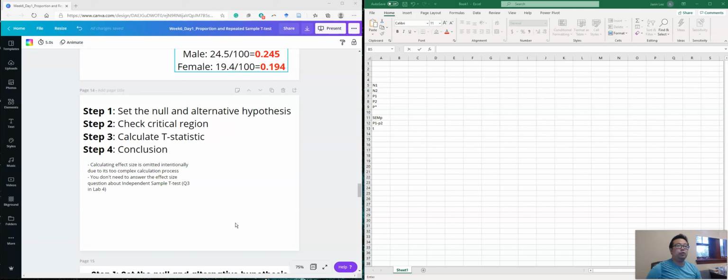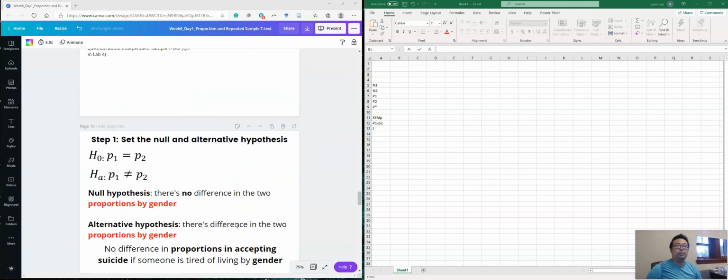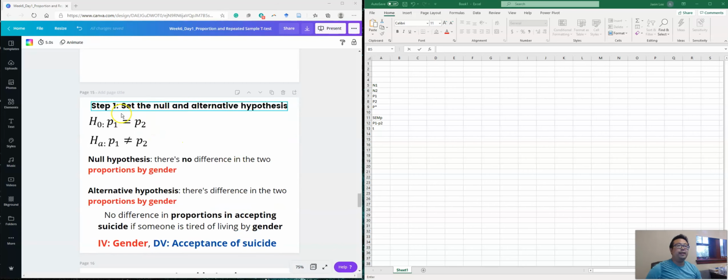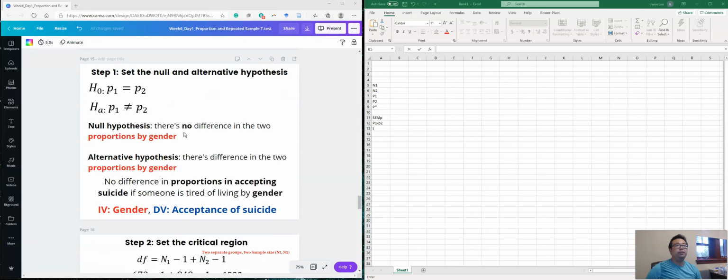So steps 1, 2, 3, 4 are very similar to the independent sample. Setting the null is very simple again. If there is no difference, that will be the null hypothesis: there is no difference in the acceptance level, or proportion of accepting suicide, by gender.